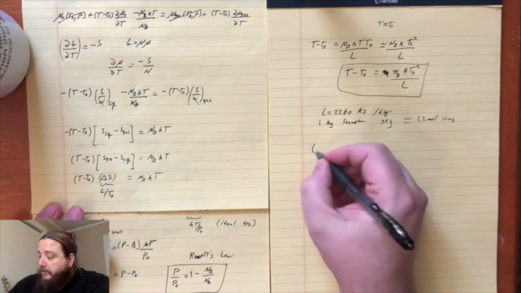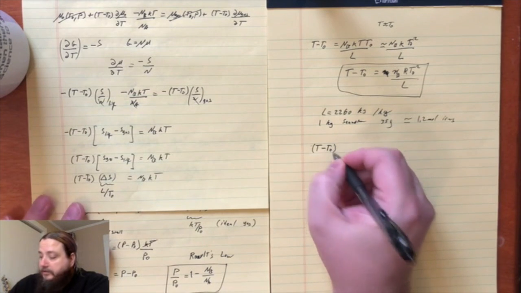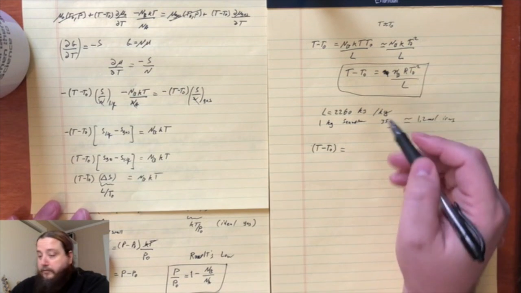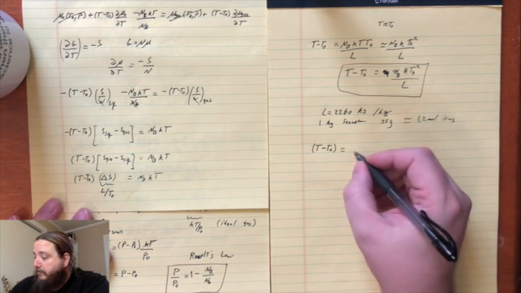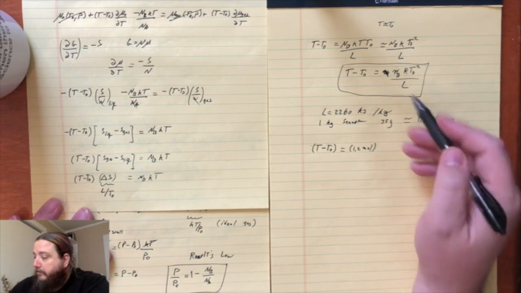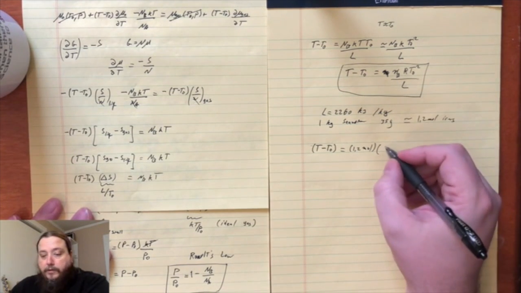And so the temperature shift for our boiling point is going to be roughly this 1.2 moles of salts dissolved into our water.